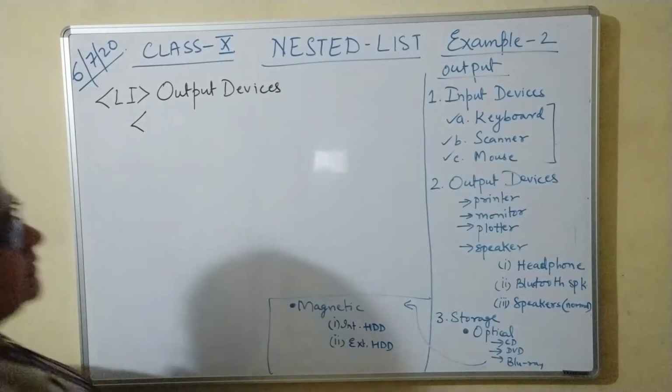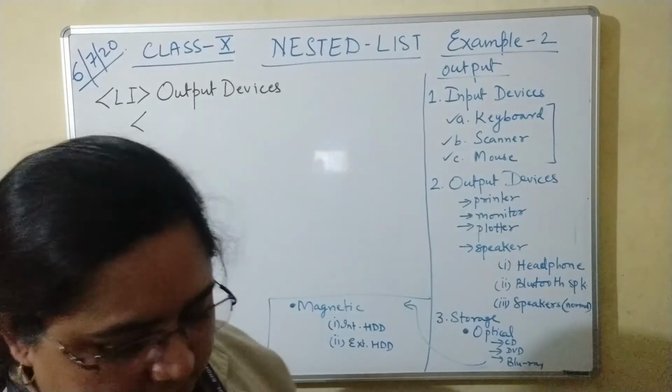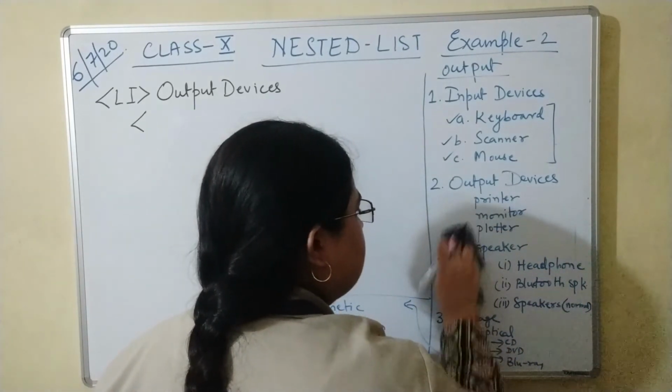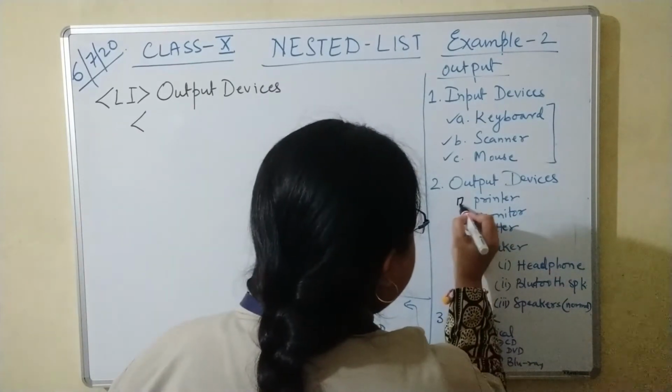Within this, we can see that there are bullets over here, and this is a custom bullet. Because I haven't taught you CSS yet, I am going to change the custom bullet to one of the three options, that is a black square.